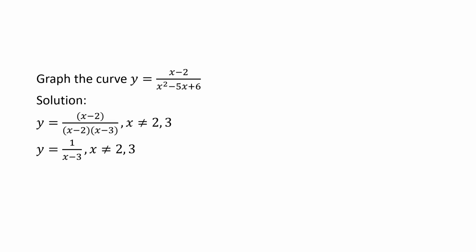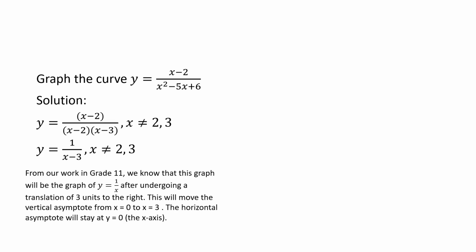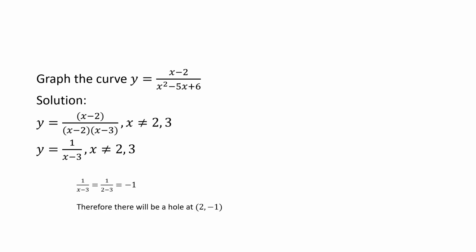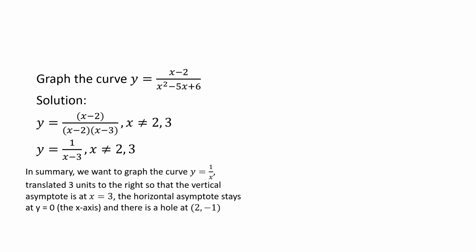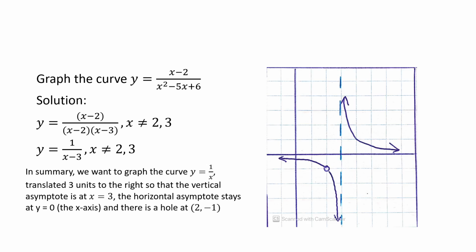Now we have 1 over x minus 3. And we actually talked about this curve a little while ago. This is basically the graph of y equals 1 over x, translated 3 units to the right with a hole at 2, negative 1. We literally graphed this one a short time ago. So what ends up happening is we get this curve, as we saw a few minutes ago.